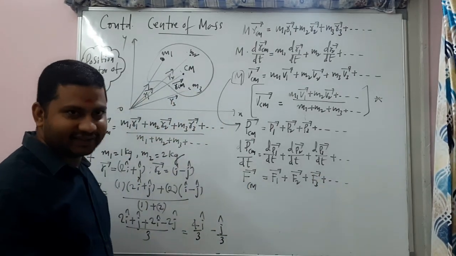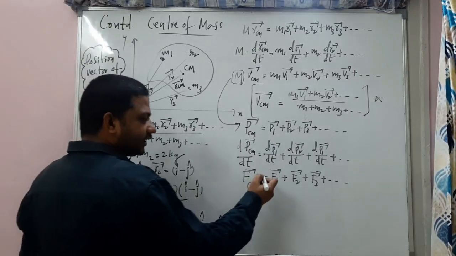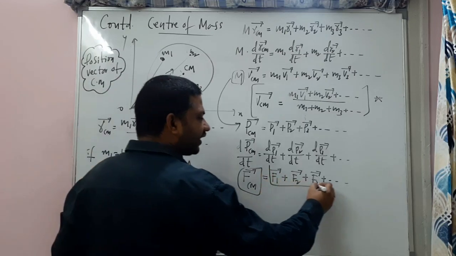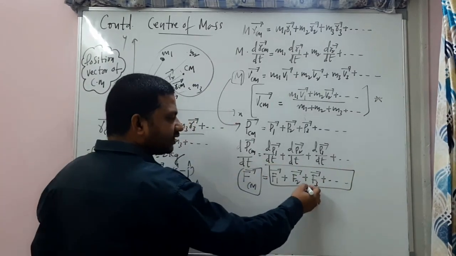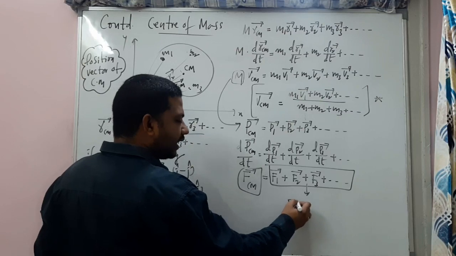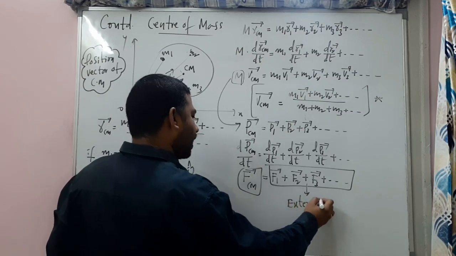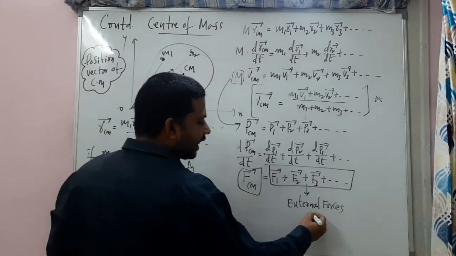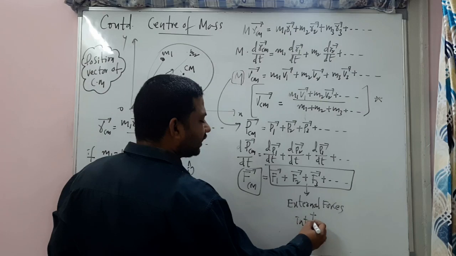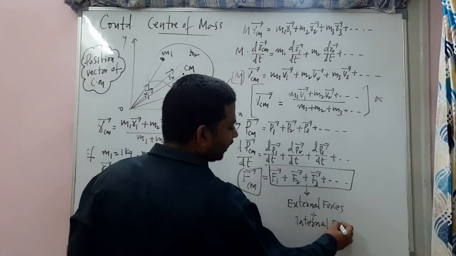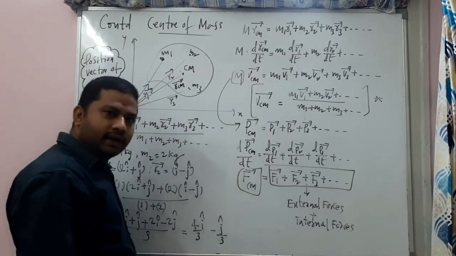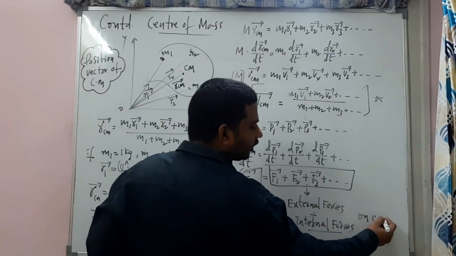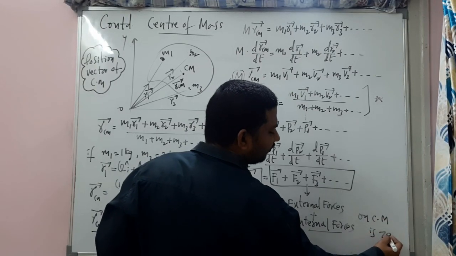This is an interesting thing. If you carefully look here, this is the net force, and these are the different forces. In those F1, F2, F3 there will be some external forces and some internal forces also. Listen carefully: the effect of internal forces on the center of mass is zero.